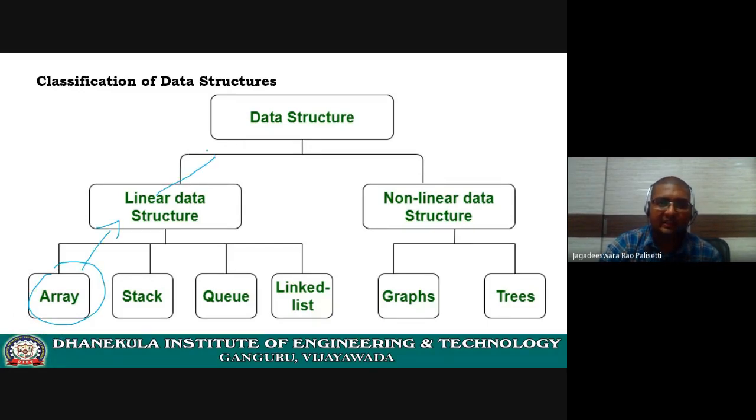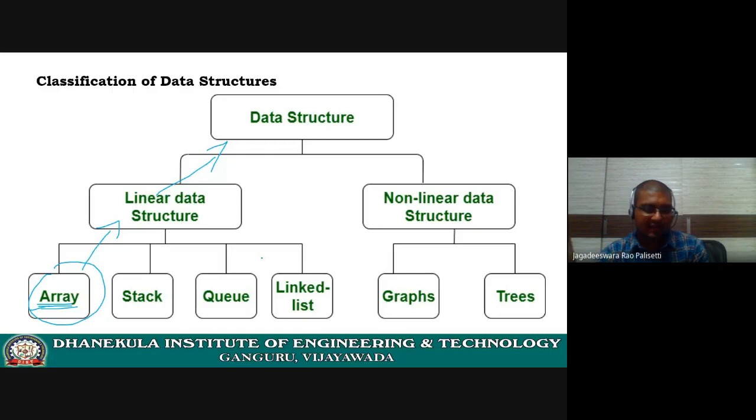Why are we including array in the linear data structure? Why are we not including array in the non-linear data structure? Because the structure or format given for the array should be in a continuous manner: index 0, index 1, index 2, and so on. That's it.